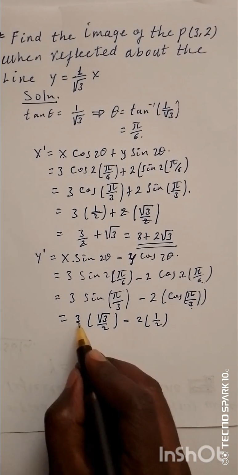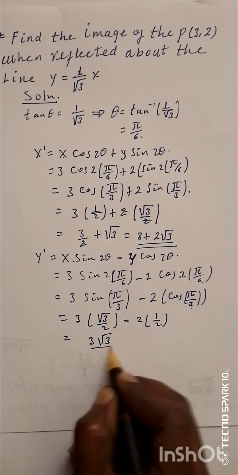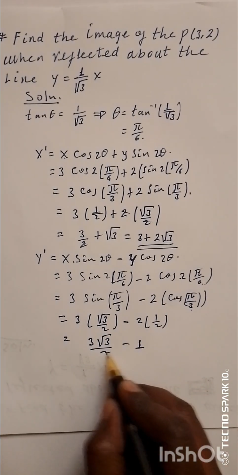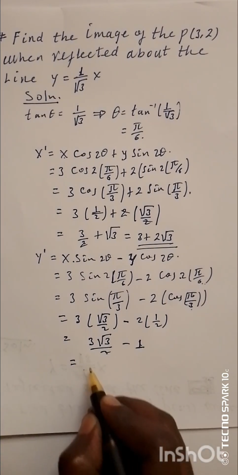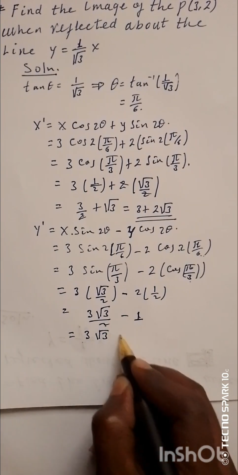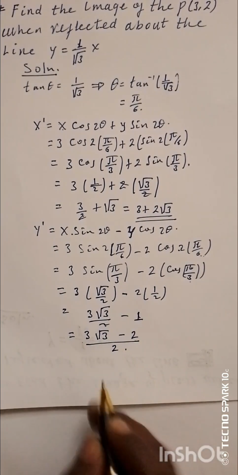Then here we have 3 root 3 over 2 minus 1. Multiply this one by this one, then we have (3√3 − 2)/2.